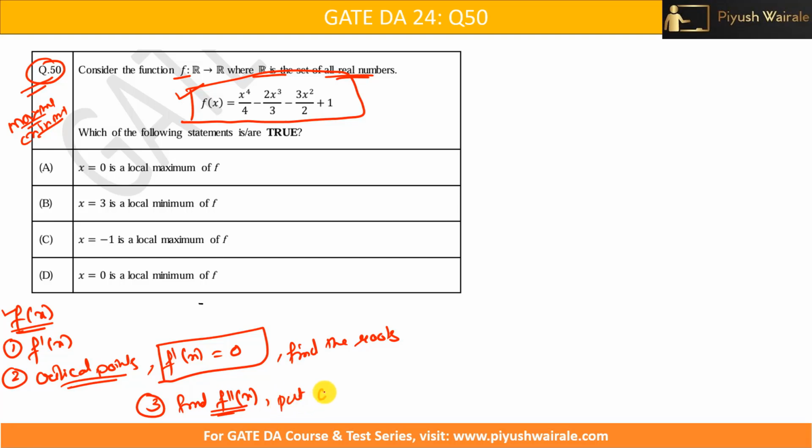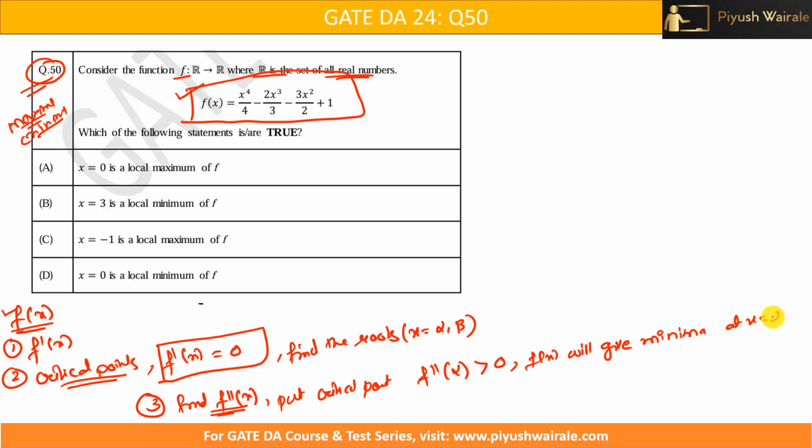So for example, here I got roots x equals alpha and beta. I have two roots for this particular equation. Now put x equals alpha in f double dash of x. If f double dash of alpha is greater than 0, it means that f of x will give a minima at x equals alpha.